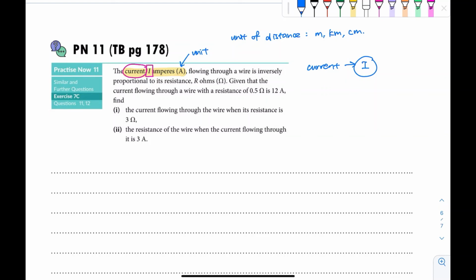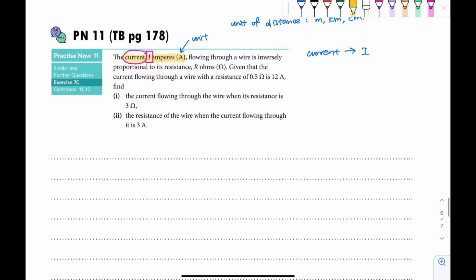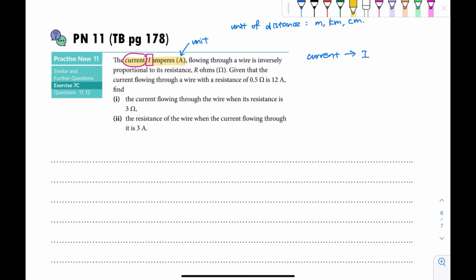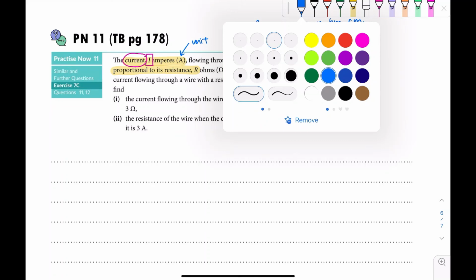Okay, then it continues to say that the current flowing through a wire is inversely proportional to its resistance R. So resistance is represented by the letter R, whereas the unit is ohms.